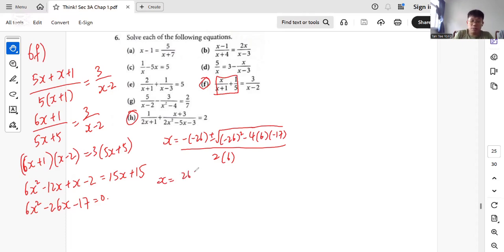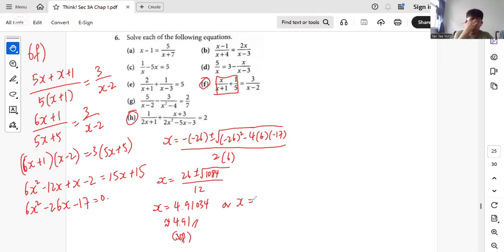So this is 26 plus minus the square root of 1084, over 12. So x equals 4.91034, which to 3SF is 4.91.